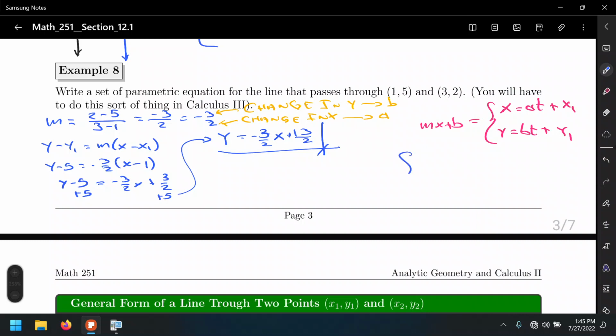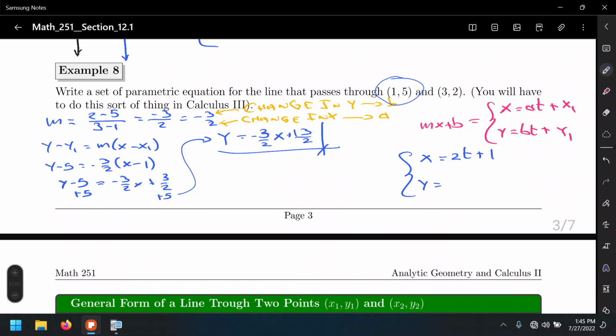All we do in this case: x equals a, which is the change in x, that's 2, t plus x1. I'm choosing the first point to have the x1 and y1 respectively, so that's plus 1.